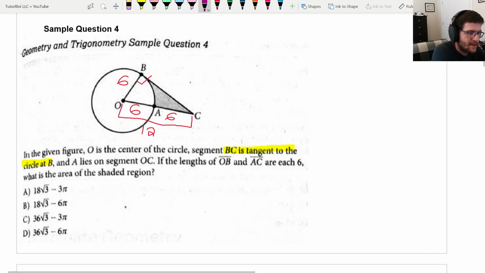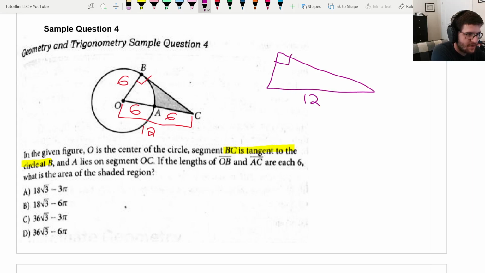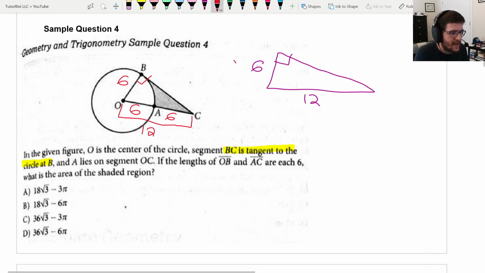We have a triangle, and this guy is 12, this guy is 6, and you could, if you wanted to, use the Pythagorean theorem to find that other side, or you could just recognize that this is a 30, 60, 90. So see how this is x, and this is 2x because it's double. And that means this guy is x root 3.